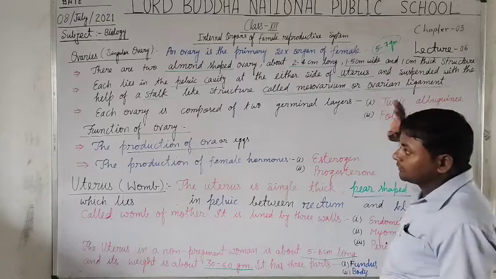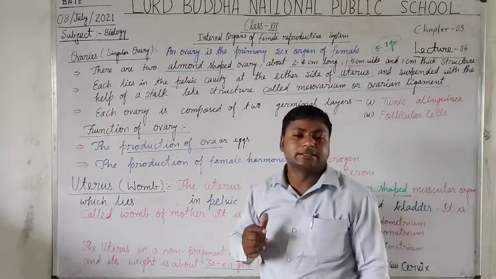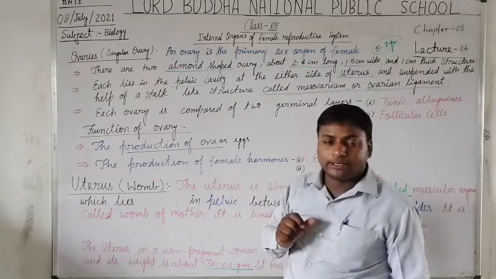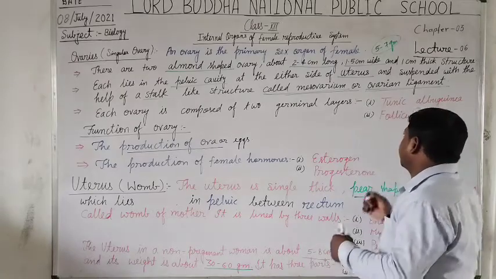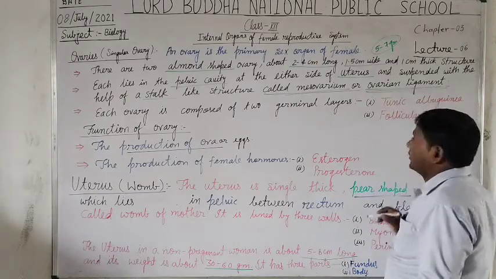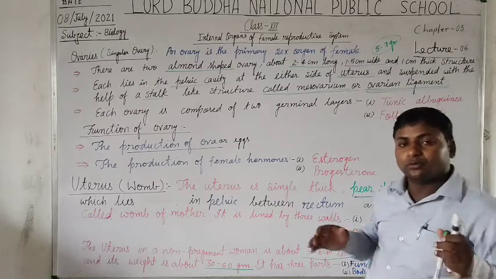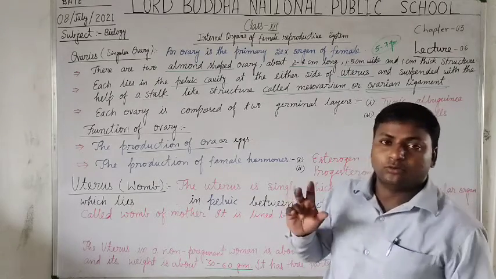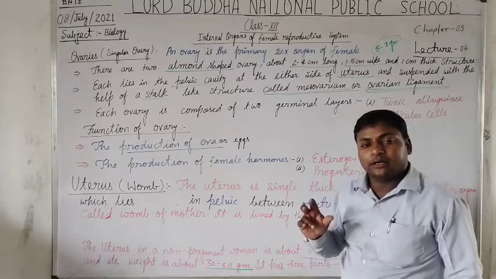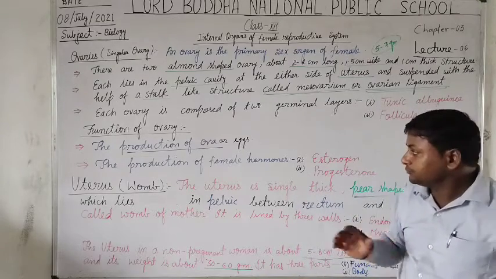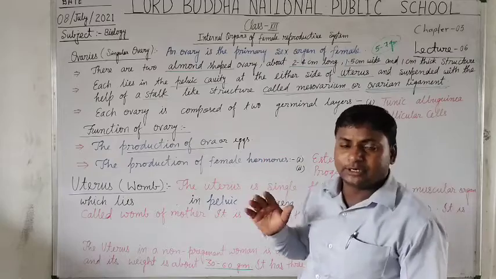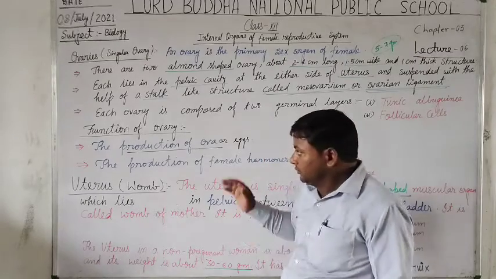It is suspended with the help of a stalk-like structure called the mesovarium or ovarian ligament. The mesovarium or ovarian ligament helps hold each ovary to the adjoining membrane, which is made up of fibrous tissue.